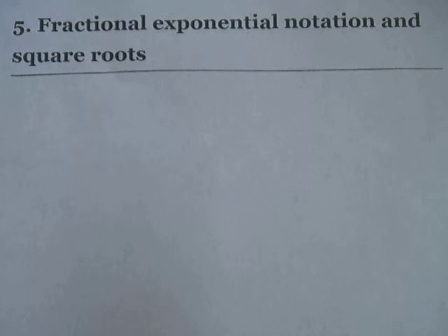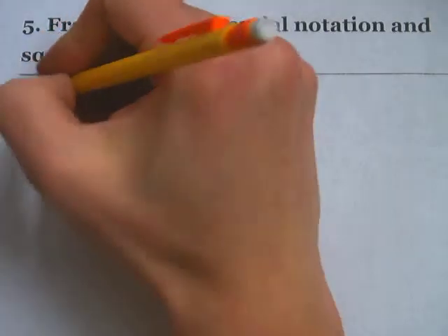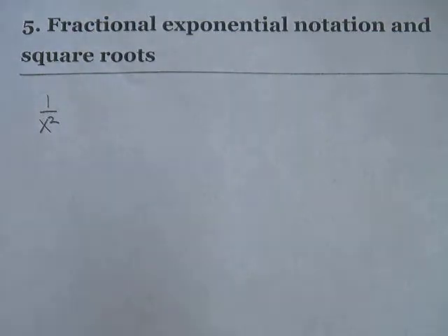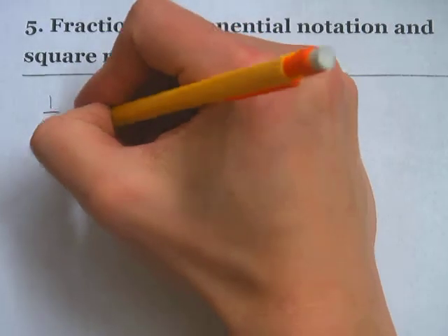First of all, some things that aren't fractional exponential notation that a lot of times people think are fractional. Something like 1 over x squared. If I was to rewrite this in terms of just an expression with a power, like an x to the power of sort of function, I'd just write this as x to the negative 2.